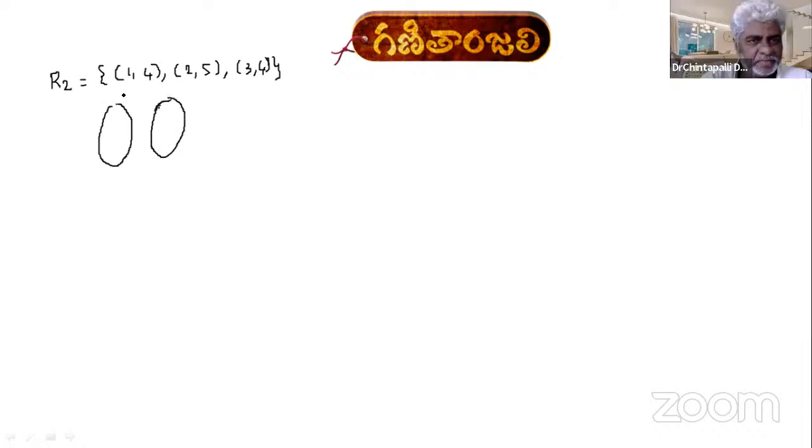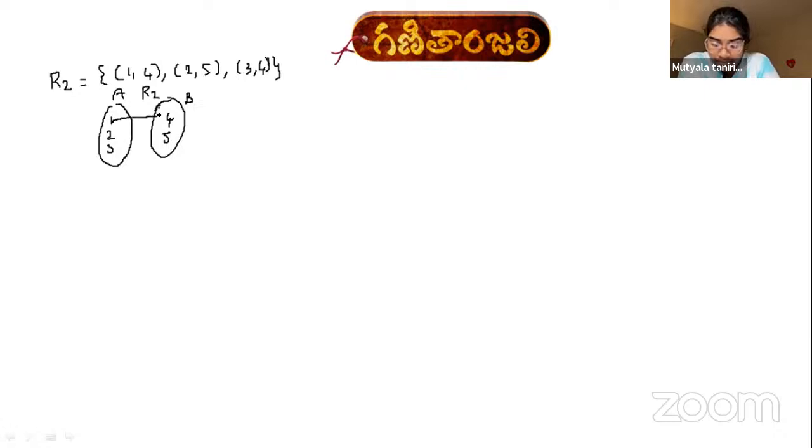This is set A. This is set B. Elements in A are 1, 2, 3. Elements in B are 4, 5. The relation is called R2. R2 is a function. First it is a relation, now it is a function also. 1, 4, 2, 5, 3, 4.